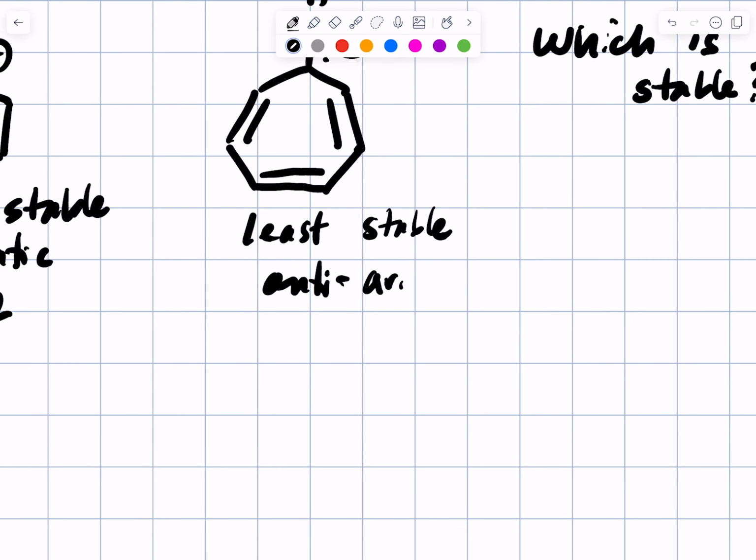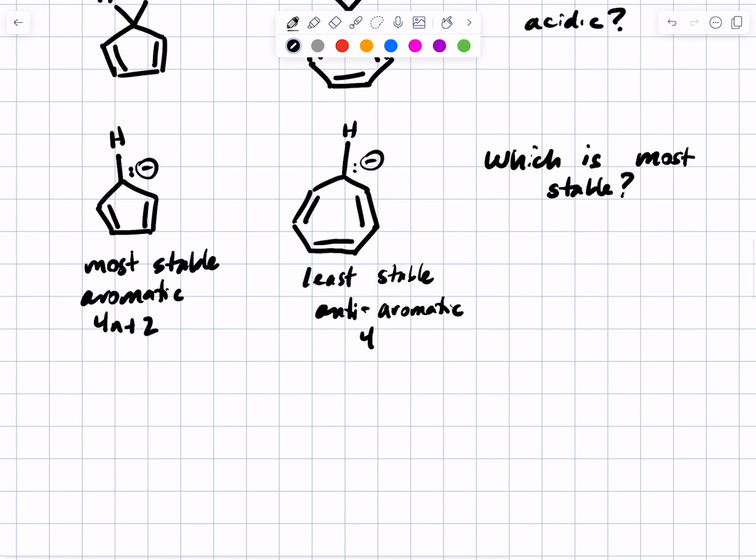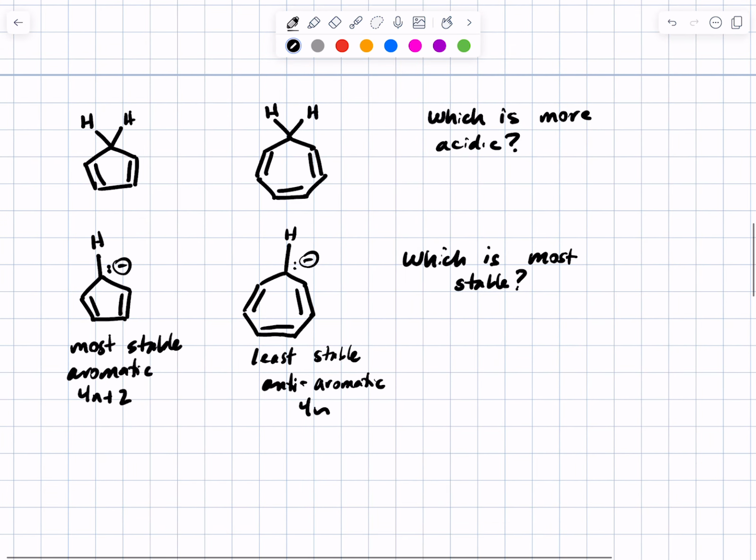It's sad because it's anti-aromatic. So that would mean that this proton is more acidic. Follow the reasoning? So this one on the left has 6 pi electrons? Yep, the one on the left has 6 electrons in the pi system. This one has 8.